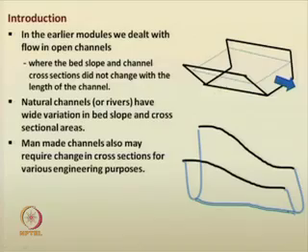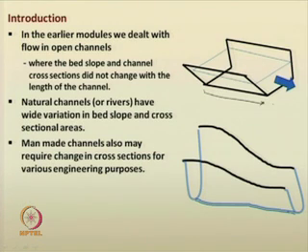The width, for example, if it is a trapezoidal channel, the bed width, or if it is a rectangular channel, the width of the channel, was not changing significantly. That is the thing which we employed in many of our analyses. Similarly, the slope of the channel is not changing significantly. We assume that the channel from the upstream section to the downstream section has the same bed slope. There are not quite different slopes.